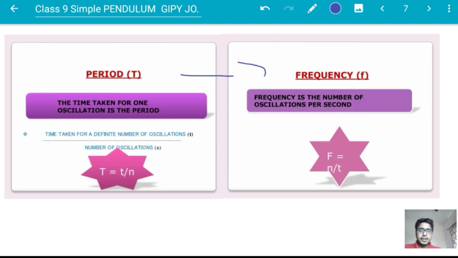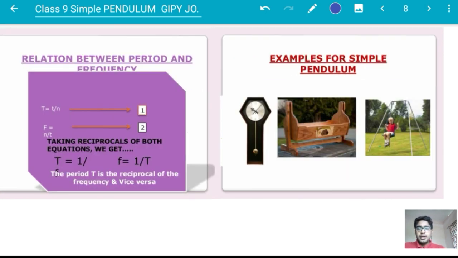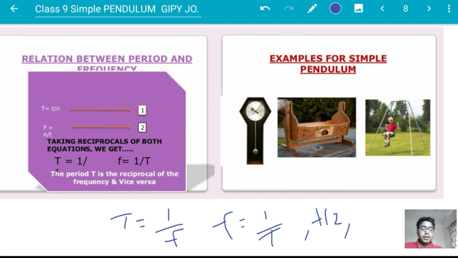Again, time period and frequency, because you have already studied all these things in class 8. Time period is the time required by the pendulum to complete one oscillation. And frequency is the number of oscillations it can complete in 1 second, and both are related by the equation T is equal to 1 by F or F is equal to 1 by T. The frequency unit is hertz or second raised to minus 1.